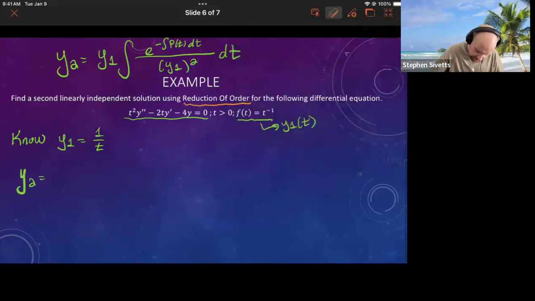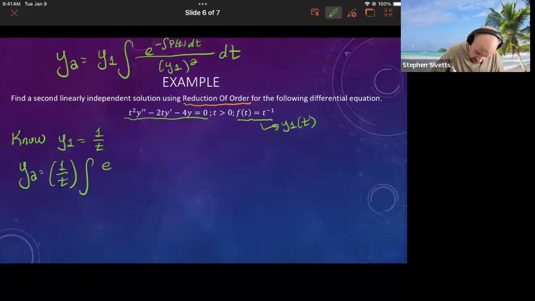y2 is equal to 1 over t times the integral of e to the minus the integral of p of t, where p of t is this quantity, so e to the minus 2t dt, over 1 over t squared dt.